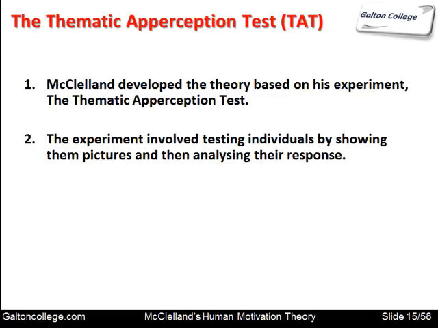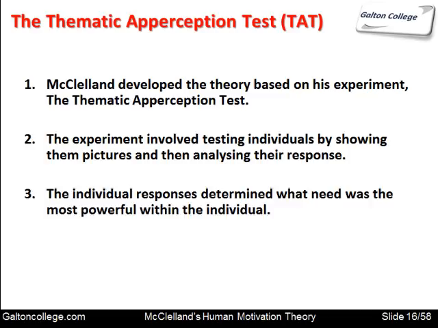So there are three possibilities, as I said: achievement, affiliation and power. Looking at these pictures, looking at the drawings, the individual can then indicate indirectly by describing the picture, describing what's been looked at. They can indicate which of the three needs dominates, what sort of personality they have, in other words.